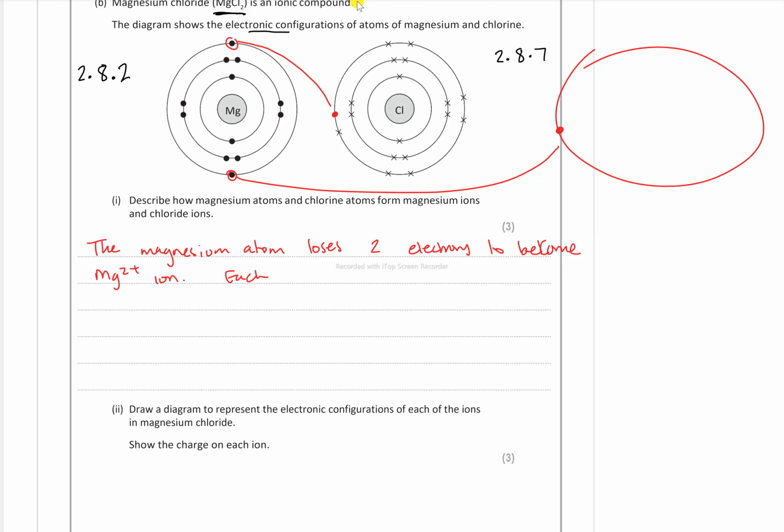Each chlorine atom gains an electron to become Cl- ions. So it's going from magnesium to chlorine.